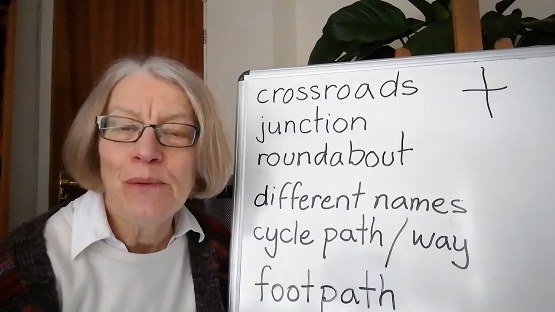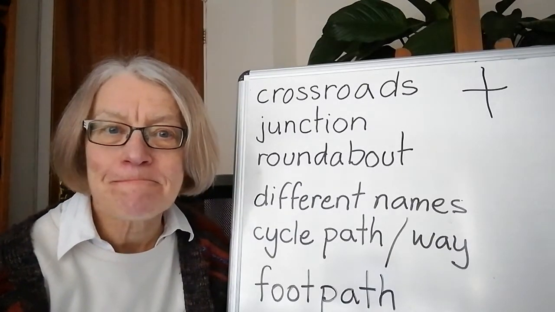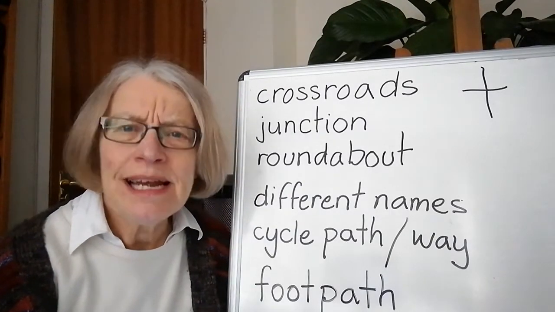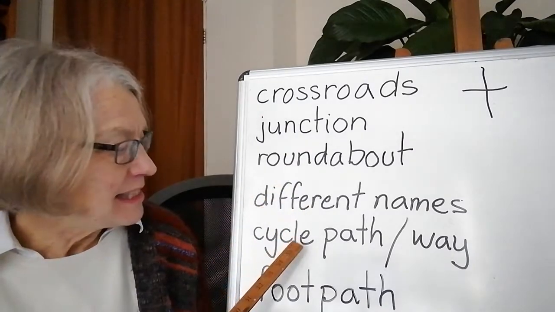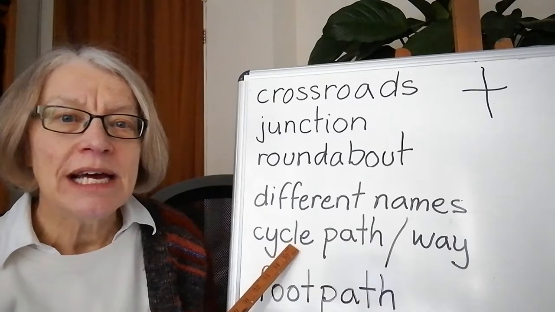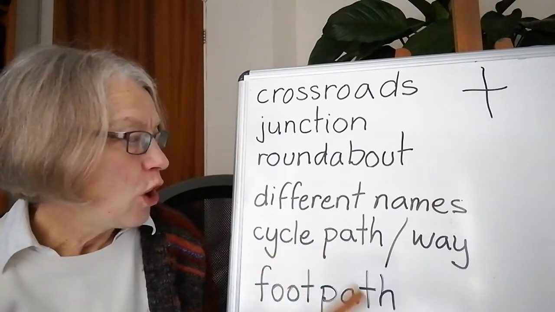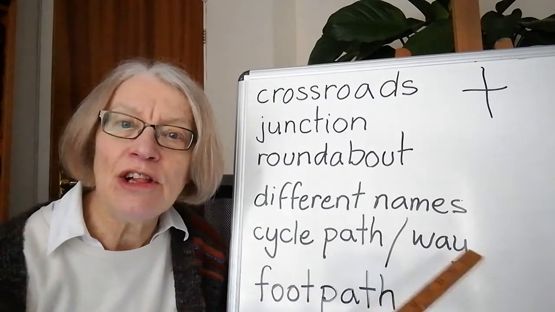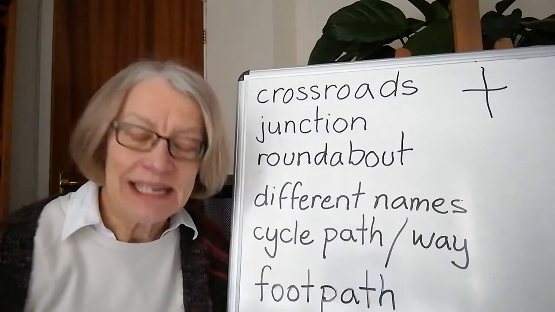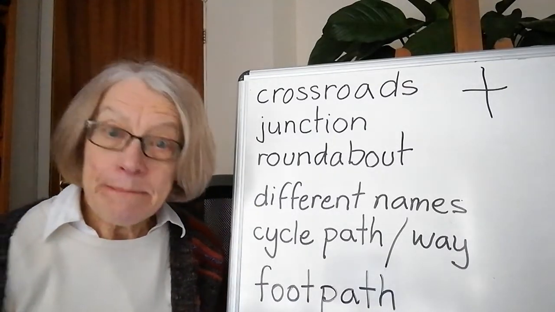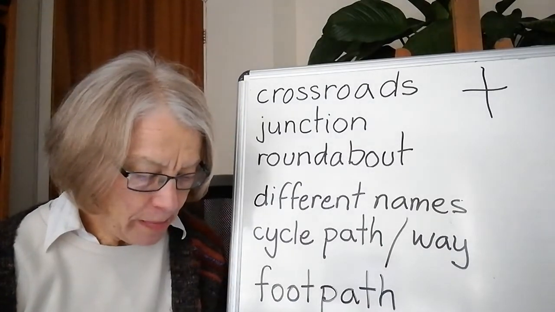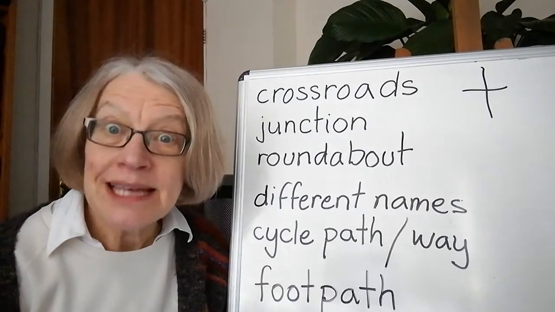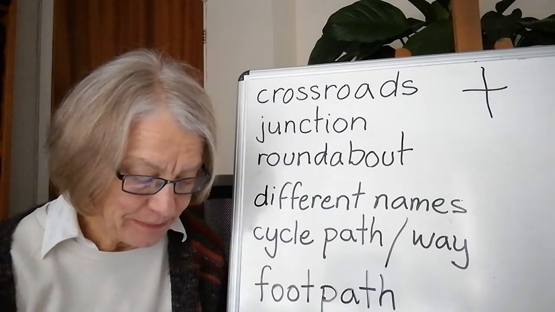A lot of you will have bicycles. And what's really good for bicycles is that there are sometimes special cycle paths or cycle ways. And that means that cars must not go on them, but bicycles can.